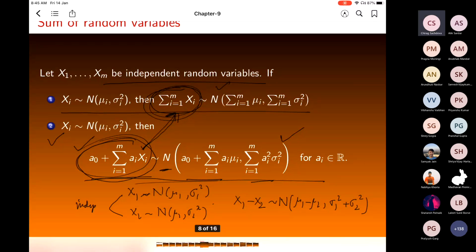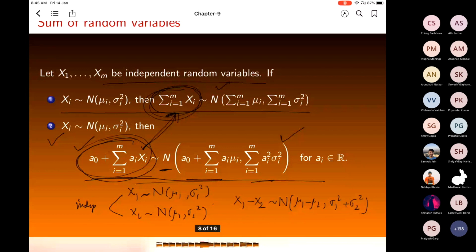Yes, sir, they are basically the same in terms of normal mu sigma square, but they are three different independent variables. Like x1 also follows normal mu sigma square, x2 also follows normal mu sigma square. But you are not saying that thing, right? So you are saying x1, x2, x3 are there. Yes, sir.